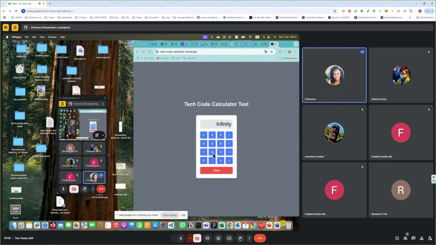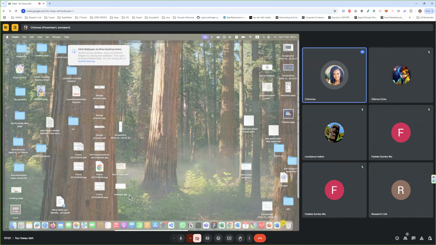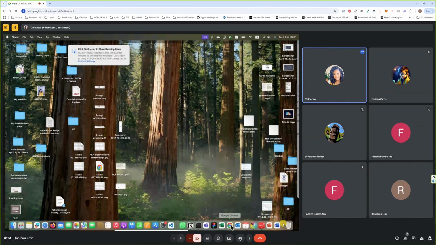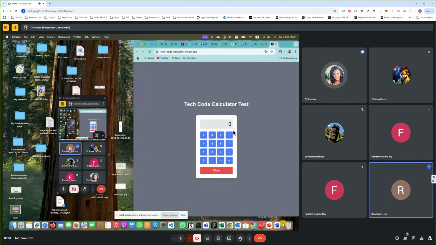Okay. So I tested if the calculator can do the basic operations, like 2 plus 2, for example. I think it's in a different tab. Yeah. So I tested if we can do the basic operations.